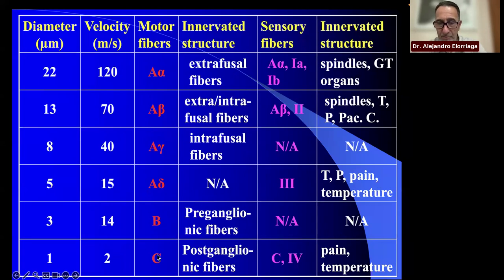The slow pain is from C fibers, the dull ache, and the fast pain is associated with A delta fibers, which is more the prickly, sharp pain. The A delta fibers are also mechanonociceptors. They handle information from potential danger, but also from movement, while most of the C fibers just deal with nociception that will end up in pain and temperature.